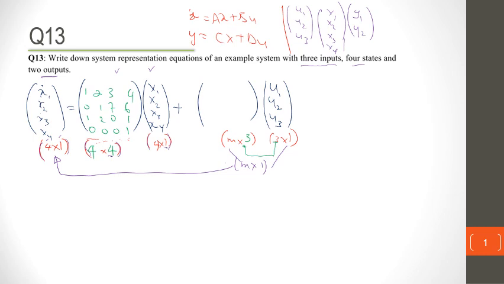That means we already know by default that this has to be 4. So that's how we know the size of the matrix B. It has to be 4 by 3. So we can then write a random system B here with 4 rows and 3 columns.